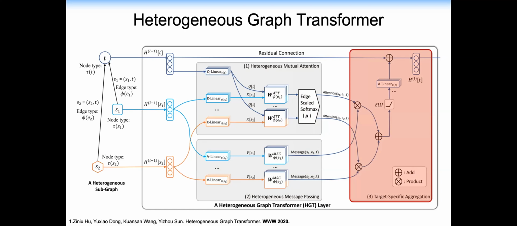So this is the basic flow of this neural network, or transformer model.